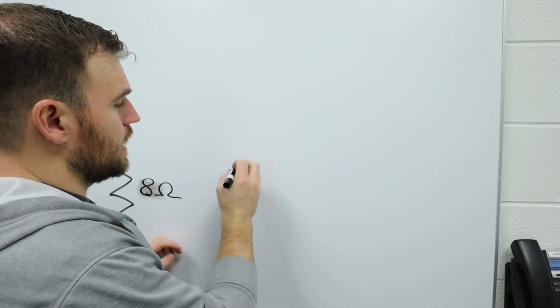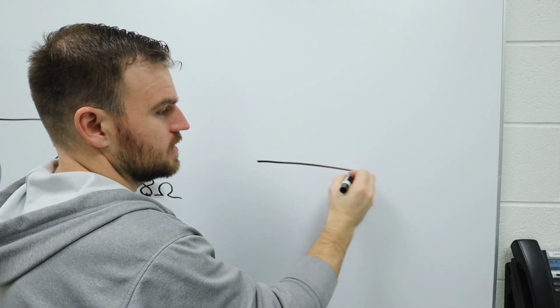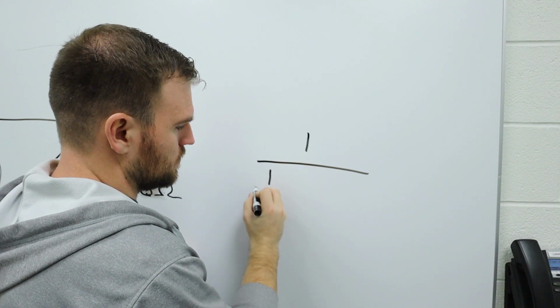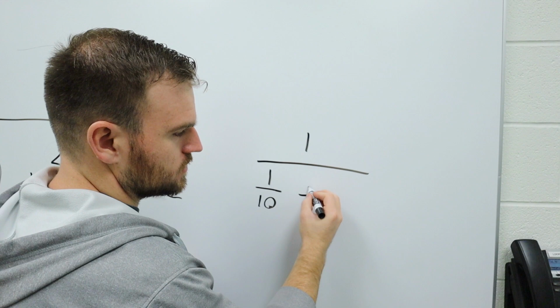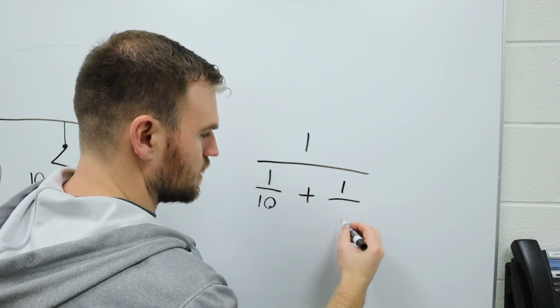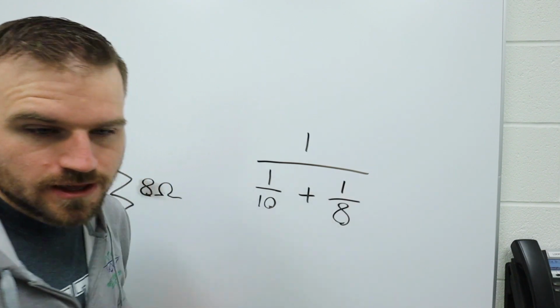So I'm just going to quickly throw these into this formula. Remember, our R1 is going to be 10, plus our R2, which is going to be 8 for this one. So I'm going to grab my calculator.